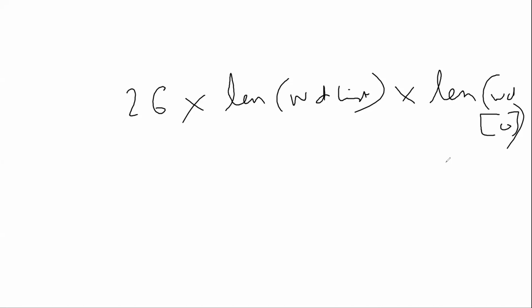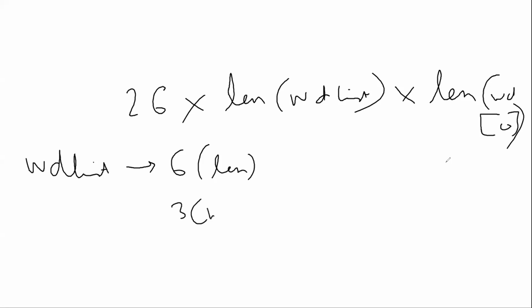The first one we have, though not a very good sample, the word list length is 6 and each word length is 3. So it will be 26 into 6 into 3, correct?